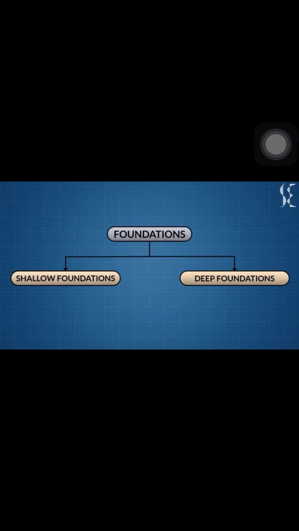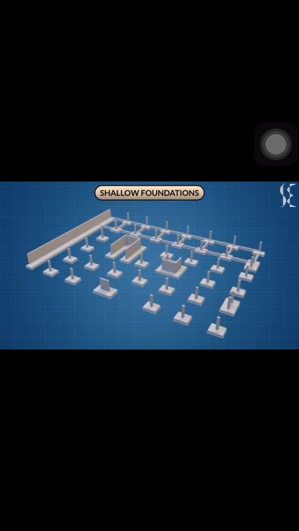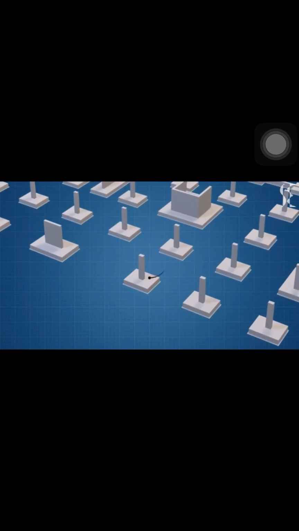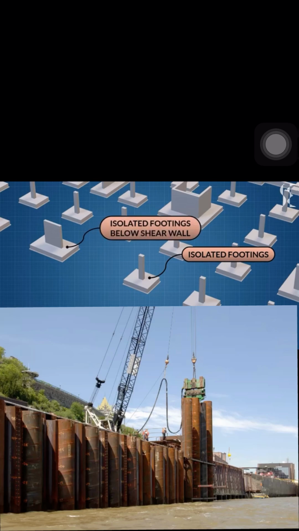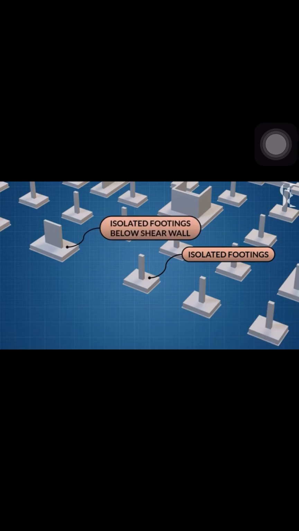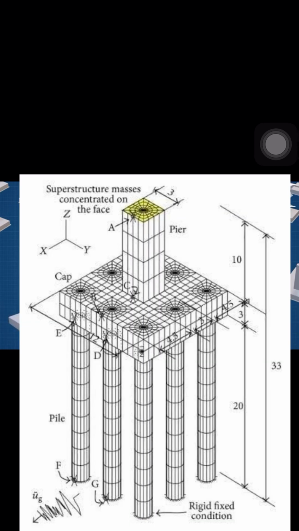But in most cases, for these small projects which we normally construct, we normally use shallow foundations, because deep foundations are normally constructed when constructing heavy structures like skyscrapers, like bridges, like heavy dams. That's when we use those deep foundations. For us, let us focus on shallow foundations.